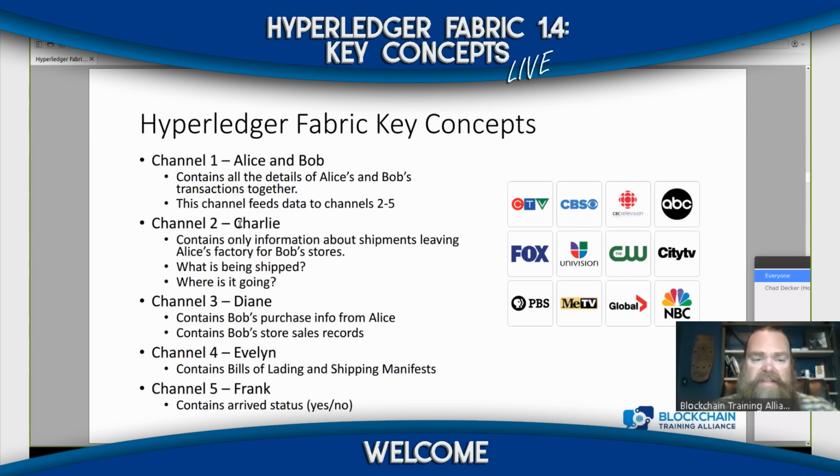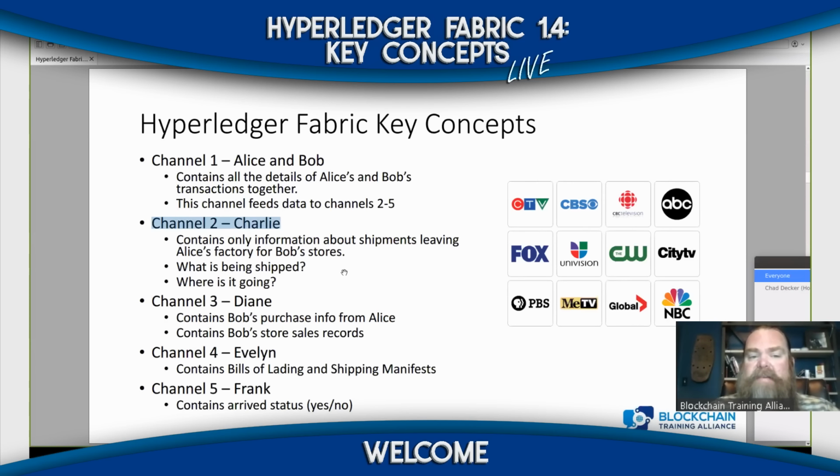We created channels 2 through 5 for Charlie, Diane, Evelyn, and Frank. And the only thing we put on those channels is what each of those participants needs to see. So if I look at channel number 2, all I'm seeing on channel number 2 is information about what is being shipped and where it's going. That is it.